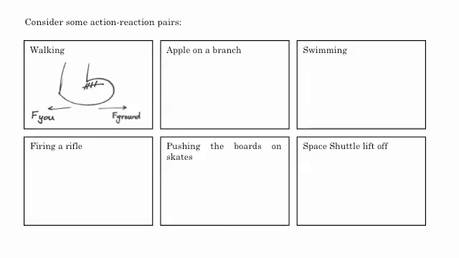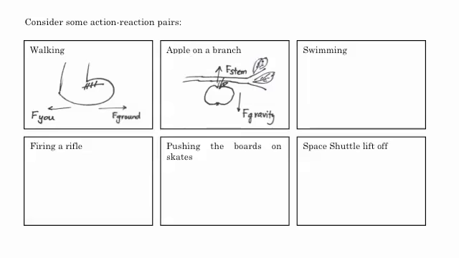So the force that you give to the ground and the force that the ground gives to you are equal and opposite. Here's an apple that's on a branch. Gravity is, of course, pulling that apple down, but the stem, which is attached to the branch, is keeping the apple up.